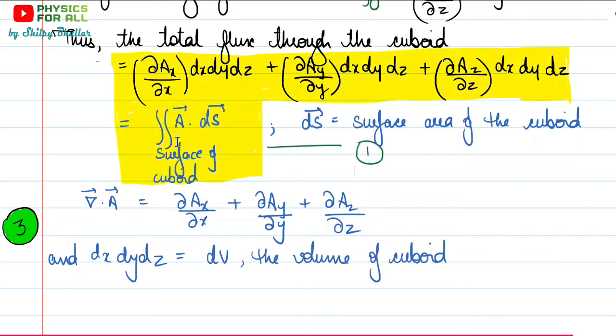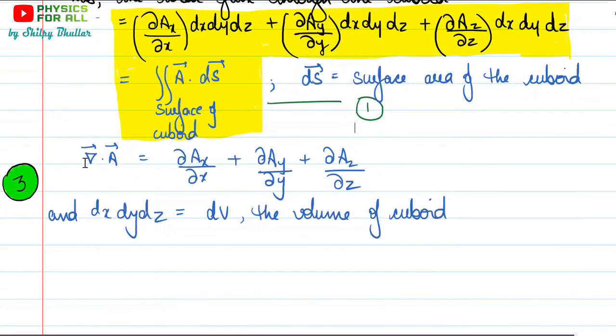So if this highlighted portion represents our equation 1, and now we know the expression for divergence of vector A, and we also know what dx, dy, dz is, we can use these two things to write this equation 1 in a different way. Let's write it down.